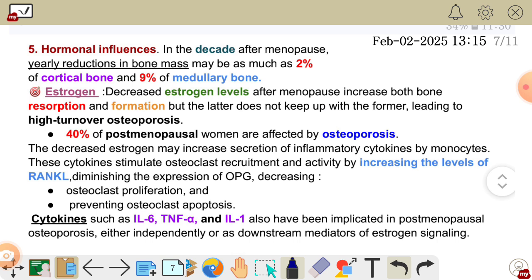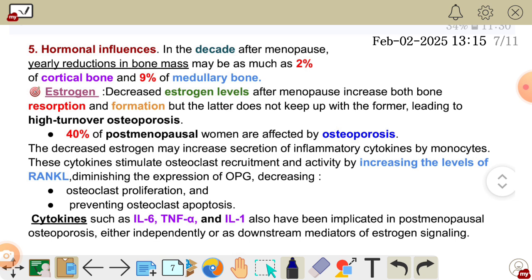And apart from that, we have hormonal influences, and this is observed in postmenopausal women. After menopause, there will be a reduction in bone mass: 2% of cortical bone will be lost every year, and 9% of medullary bone will be lost.